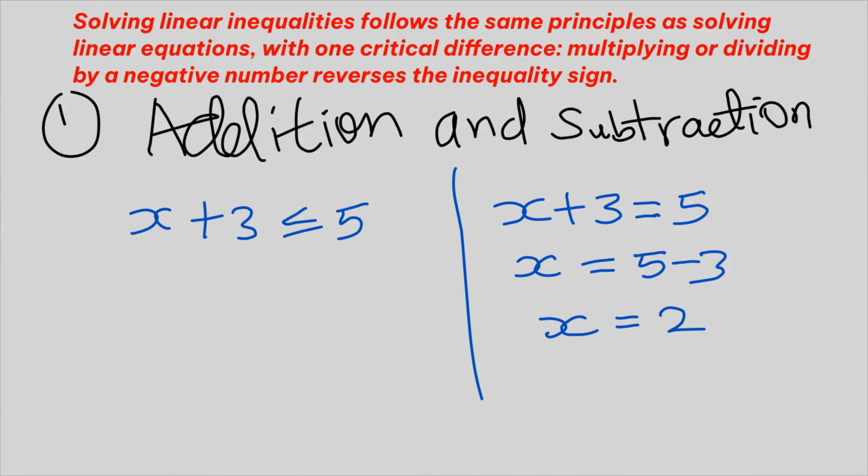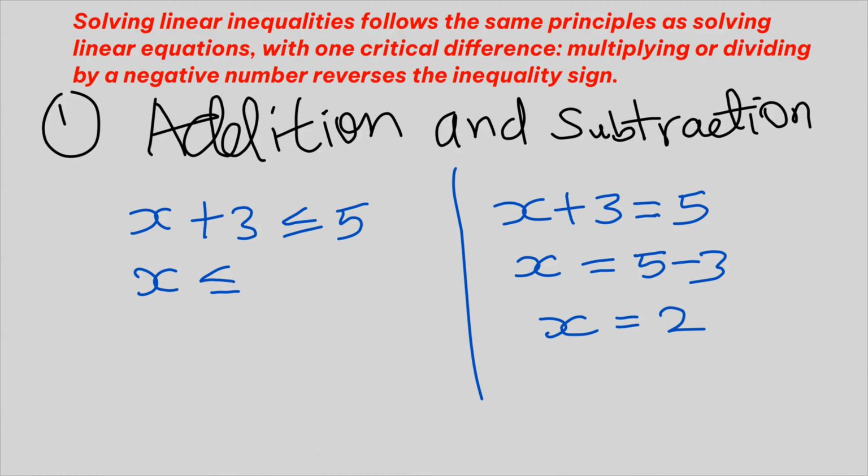Now let's use the same principle when solving linear inequalities. This will be x. Now plus 3 will move to the other side, and we are going to maintain our inequality sign, which is less than or equal to.